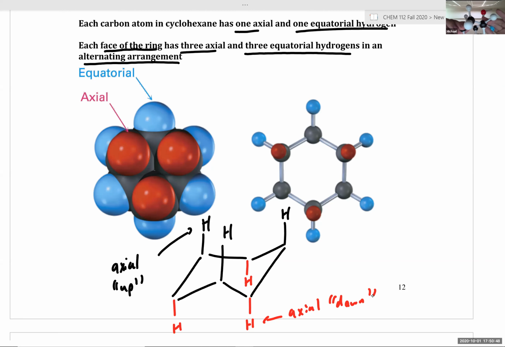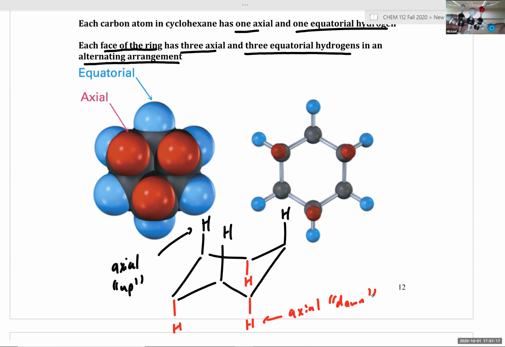Okay, now for our equatorial hydrogens. So you may notice if we're looking at, for example, the following carbon, when our axial hydrogen is pointing up, what direction is our equatorial hydrogen pointing?